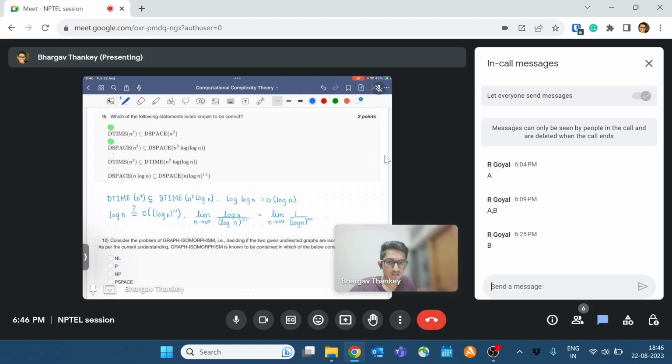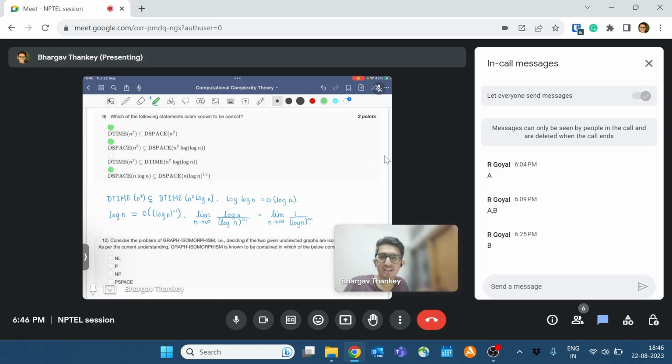So by taking a very large value of n, I can make this quantity as small as I want, and so this limit goes to zero. So this is true, and therefore this option is also true.